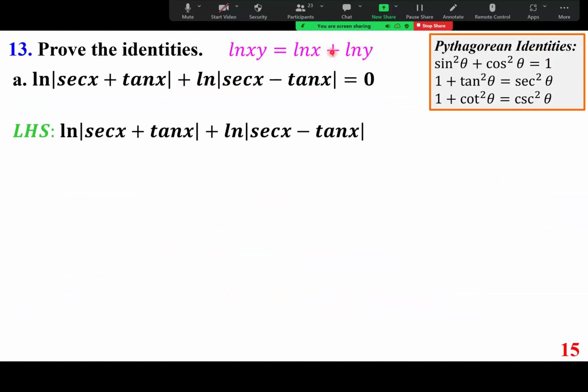Therefore, if I want to go from right to left, ln of xy, that means ln of multiply these two. Now from here, we should recognize that if I move the tan squared to the right, I'll get secant squared minus tan squared equals 1, and ln of 1 is 0.